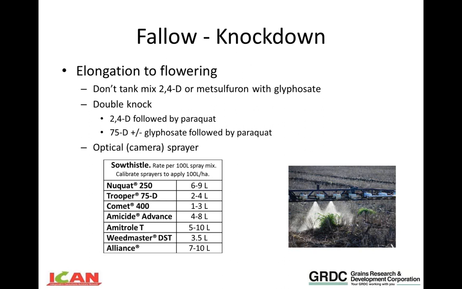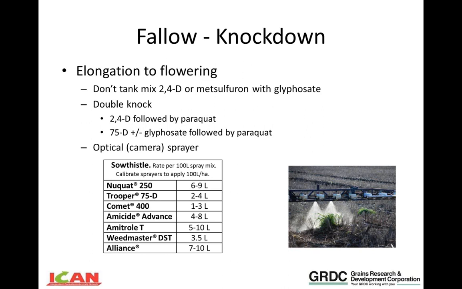A double knock of a Group I followed by paraquat is quite effective. It's more effective on smaller weeds, less effective on large weeds, but even on large weeds it can provide upwards of 95% control. So it's an important tactic to stop seed set should you have escapes of your knockdown treatments.